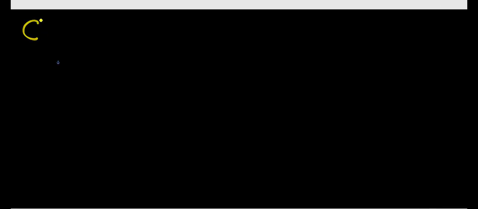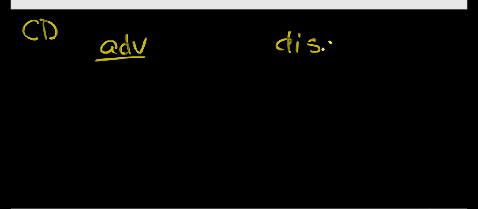We said that that was also called a CD. So with a CD, I've got advantages again and disadvantages, or we can say positives and negatives.